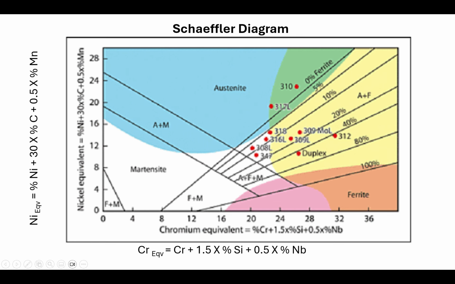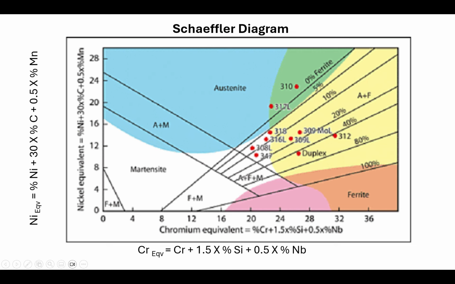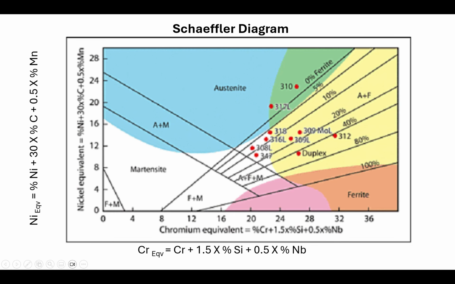The nickel equivalent formula, established by Schaeffler and refined over a period of time, is nickel percentage plus 30 times carbon percentage plus 0.5 times manganese percentage. Once you add this, you get nickel equivalent.